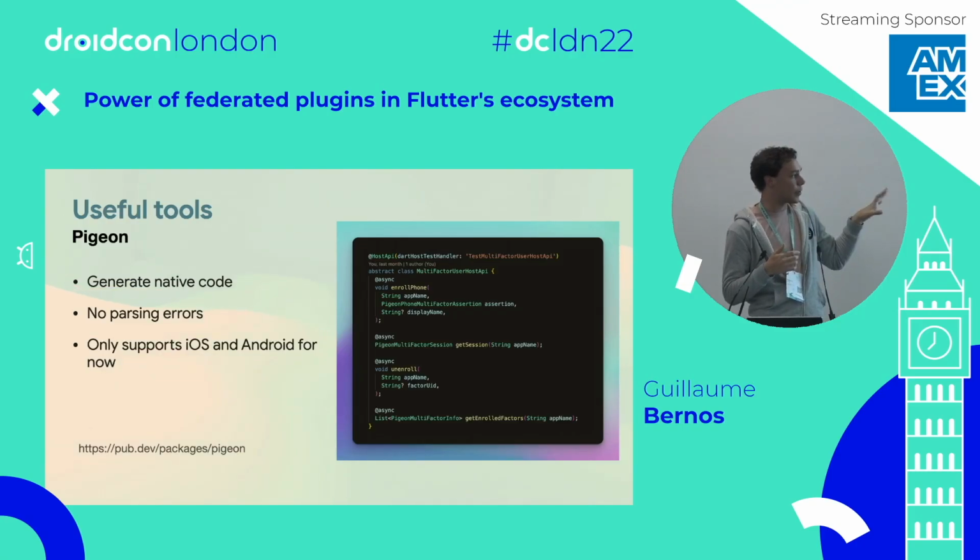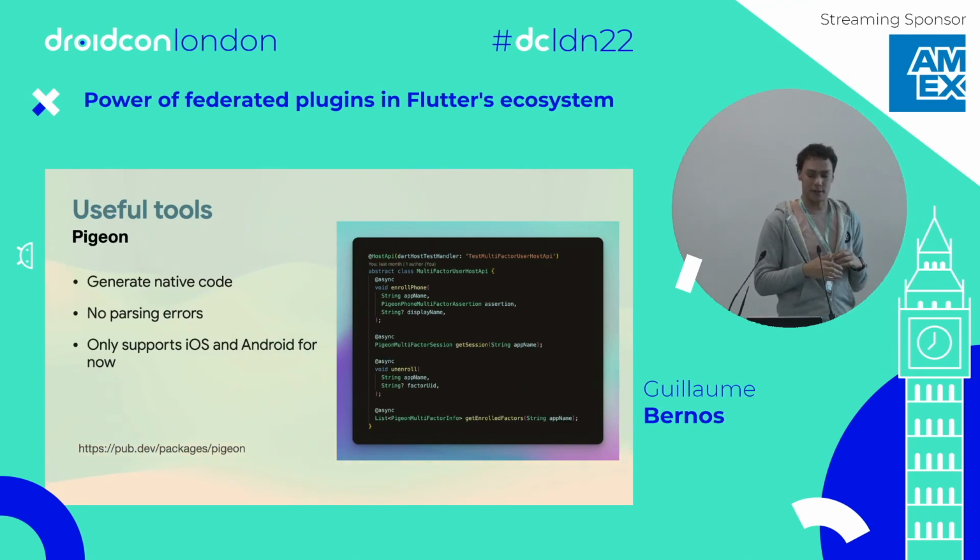For now, it only supports iOS and Android, so I hope it will support more things. It doesn't even support event channels, but it's really valuable. We're using it on Firebase Core for the moment, and it's been really great. And if you already have an existing plugin, you can add it to your existing plugin. You can have both sides and migrate slowly to Pigeon. So that's really nice, and I will probably use that if I were to create a plugin today.